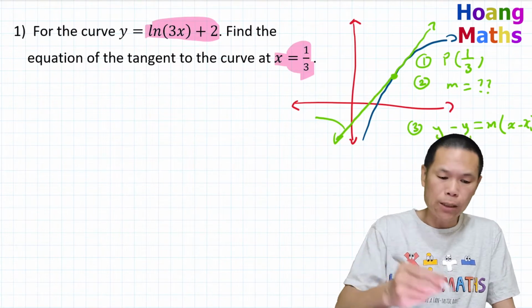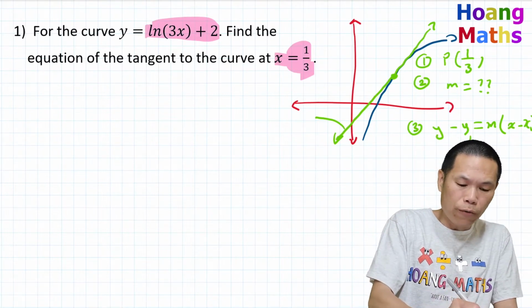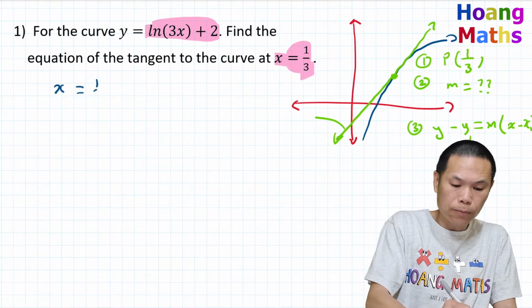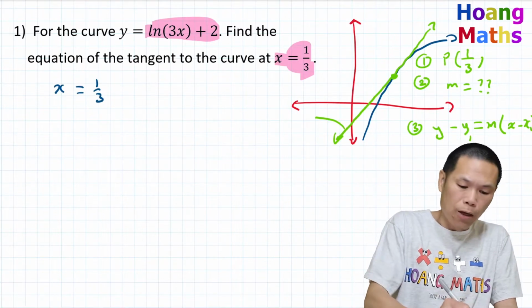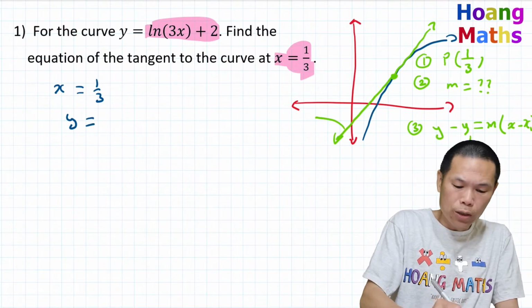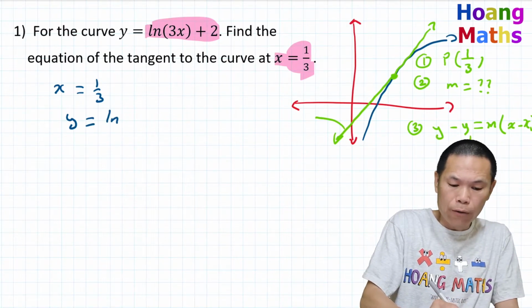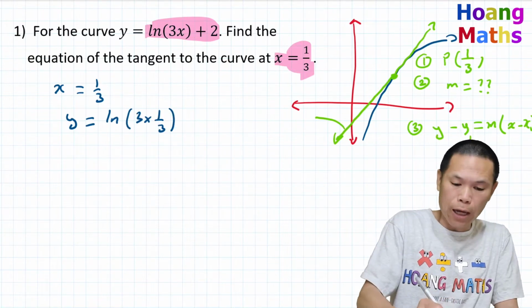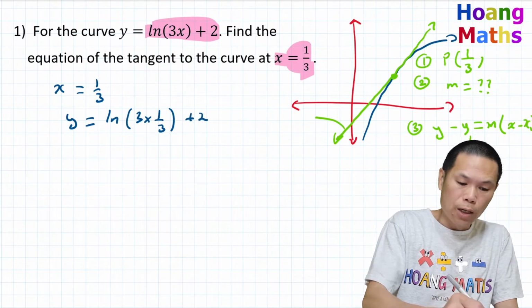So now we have x equal to a third. Let's find the point first, step number one. When x is equal to a third, y is equal to ln of 3x plus 2, so it becomes ln of 3 times a third, plus 2.